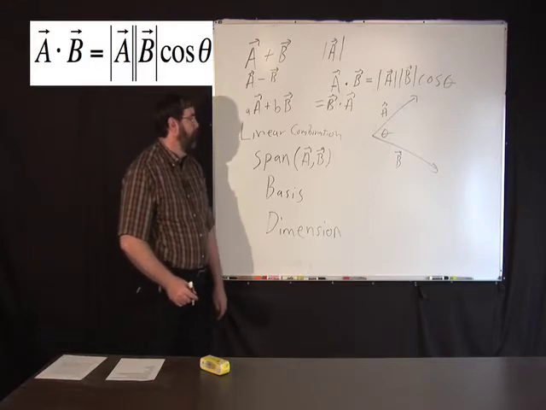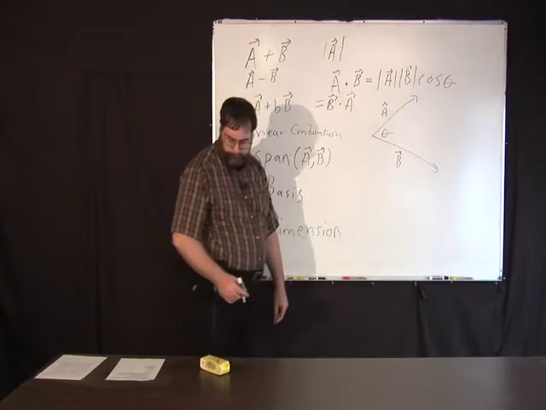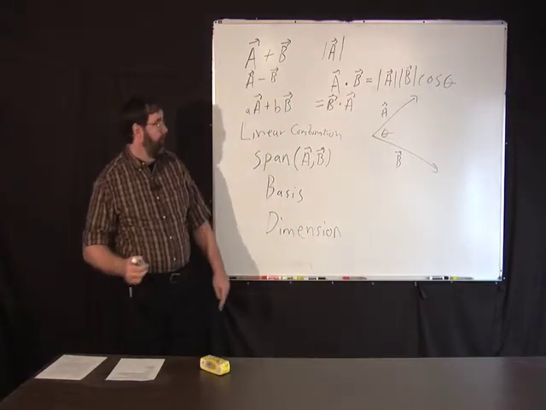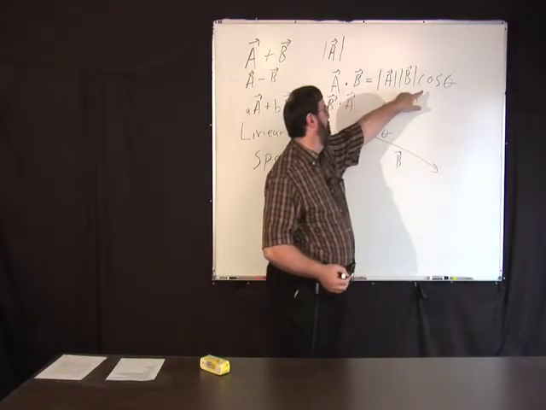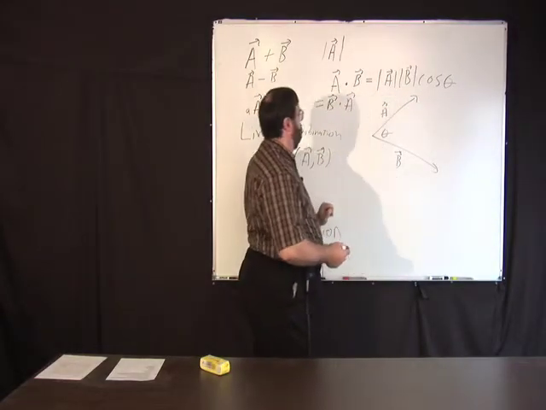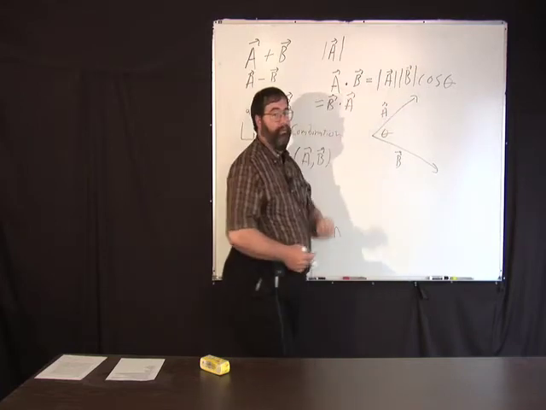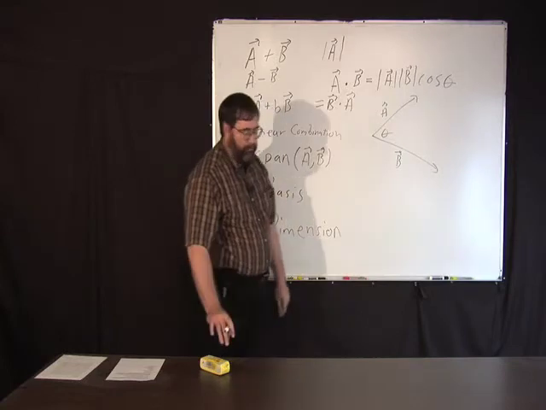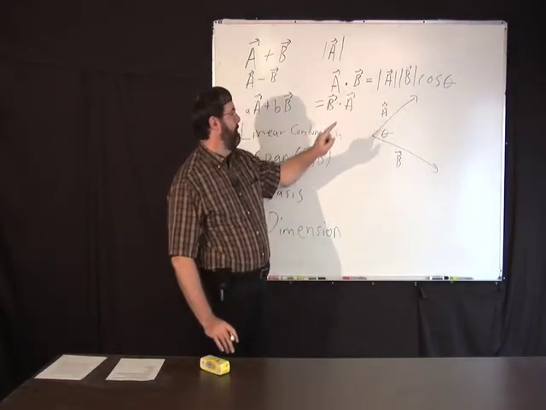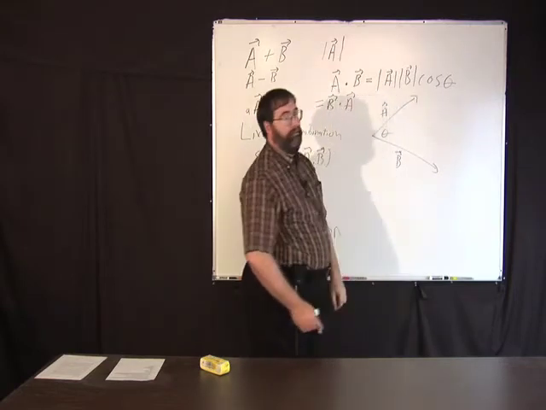Well, there's a special case. If they're parallel, especially if they're the same vector, that's the maximum value this is ever going to get. So this is one vector. Well, let's say, what is B cosine theta?